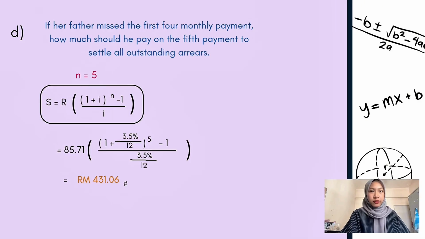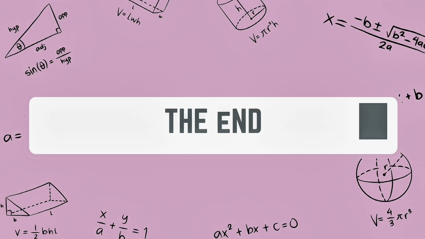So N equals 5, and we use this formula: S equals R in bracket 1 plus I to the power of N minus 1, divided by I. So equals 85.71 in bracket 1 plus 3.5% divided by 12 to the power of 5 minus 1, and the answer we have to divide with 3.5% divided by 12, and we get the answer is 431.06 cents.